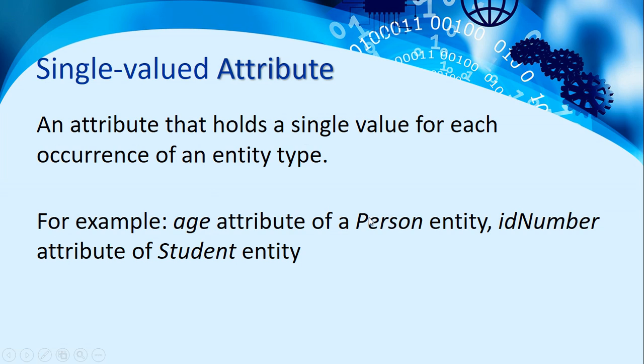Hindi man pwede na yung person may dalawang age, di ba? Pwede ba yung 18 years old ka tapos you are also 69? Parang imposible naman. So, yun nga. Age attribute is an example of a single value. Isa lang talaga yung age mo, di ba? So, another example is a student.